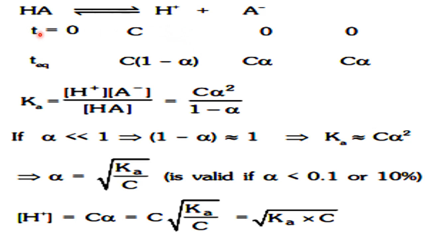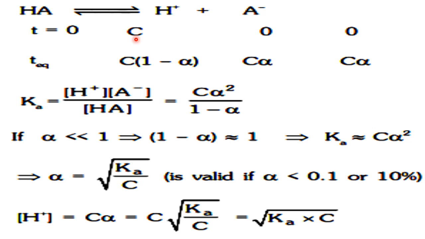Now when time is zero, it means the process of dissociation has not started. So what is the concentration of the acid? Let us take C as the concentration. What is concentration? Moles per liter. Some moles in some volume is called moles per liter concentration. So C is the concentration of weak acid.